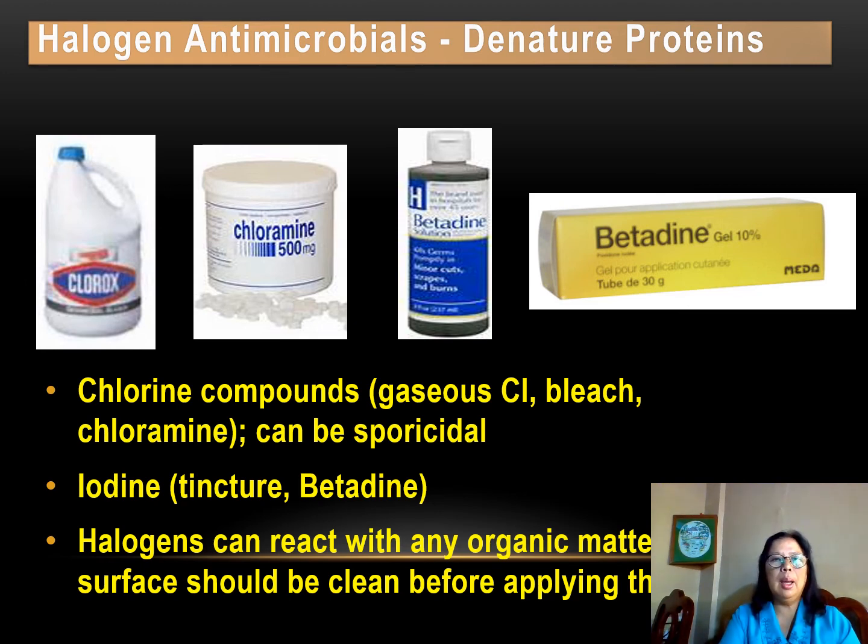You might not know, but these are chemicals that could kill microorganisms by protein denaturation. So you have the Clorox. That is the reason why during the COVID period they asked you to prepare a dilute Clorox solution, and then use this to wash the hallways.